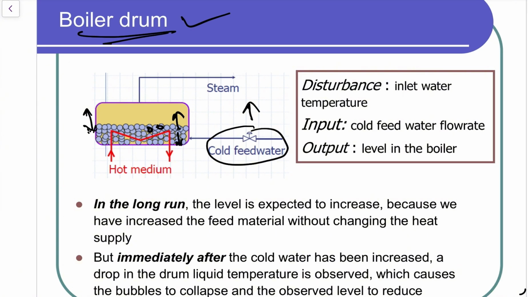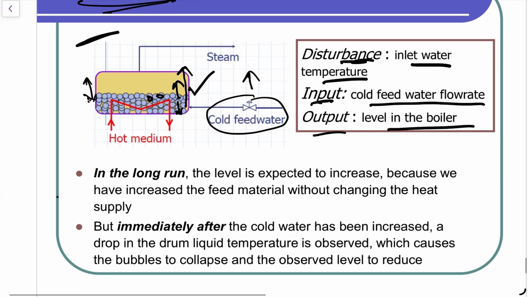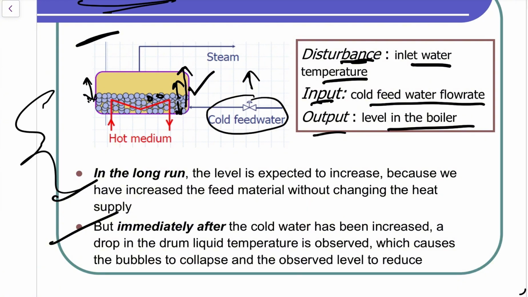After some time the level rises. So this is inverse response. This is the best example for a boiler drum: the disturbance is the inlet water temperature, the input is cold feed water flow rate, and the output is the level in the boiler. You just read these points, you will understand more clearly what I mentioned.